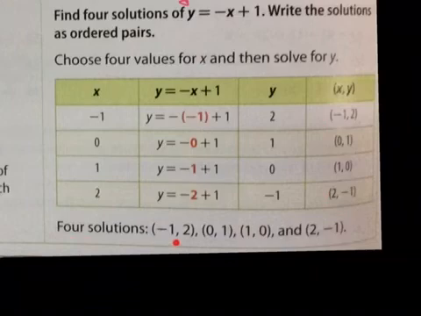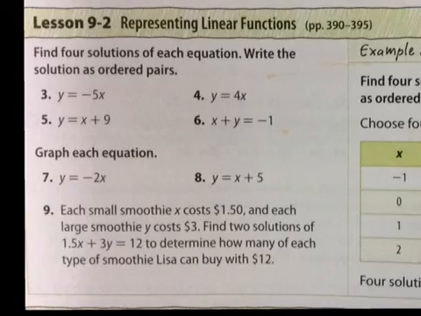The first ordered pair would be -1, 2. Remember, this is your x and y. 0 and 1. 1 and 0. And 2 and -1.